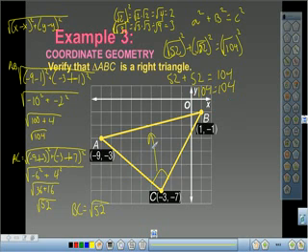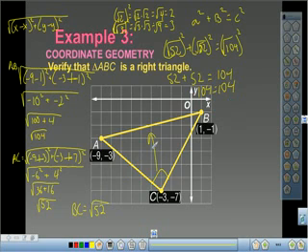Alright, so I'll find the distance AB. Distance AB: x minus x squared. Now, since I started with negative 9 minus 1 squared, what do I have to start with for my y's? I've got to start with the same ordered pair, right? So negative 3 minus negative 1 squared.